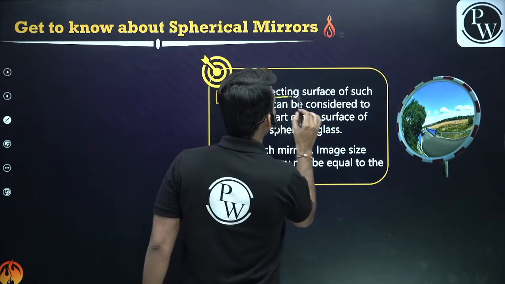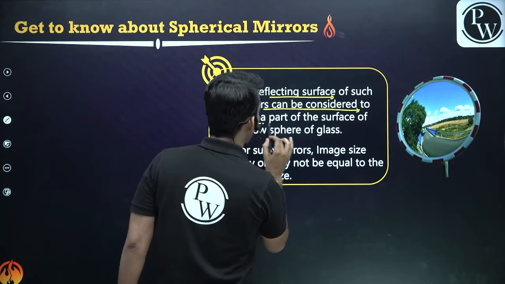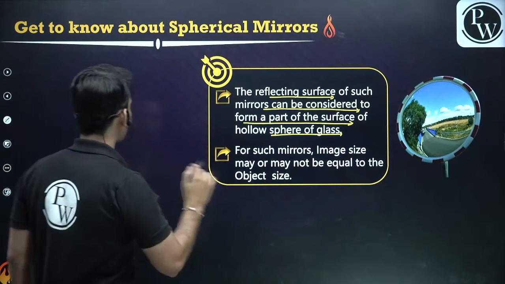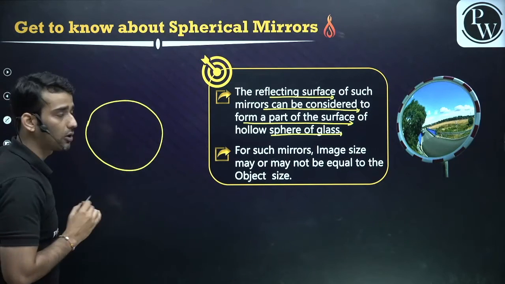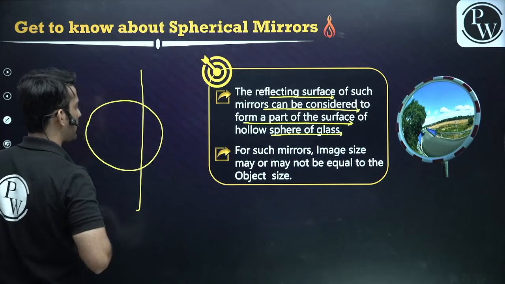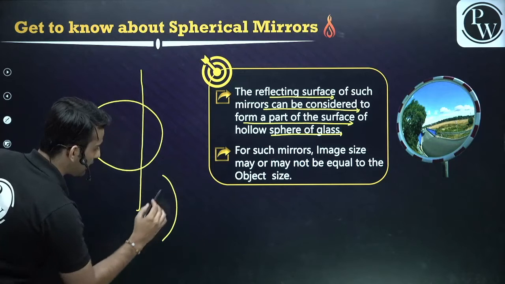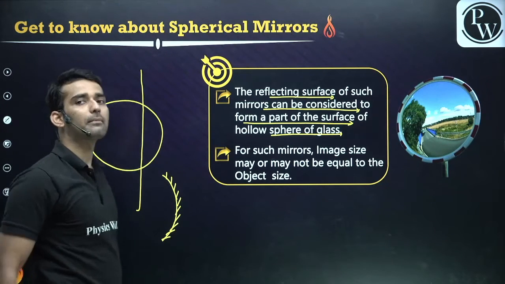So what is the definition, guys? The reflecting surface of such mirrors can be considered to form a part of the surface of a hollow sphere. Basically, suppose you take a hollow sphere and cut it from here. Obviously now you will get a part like this. Now if you polish it from outside, it will act like a mirror.